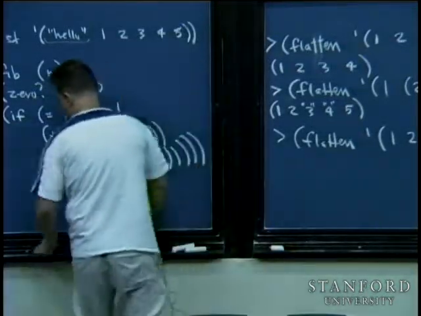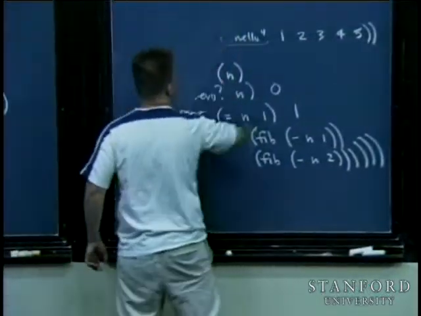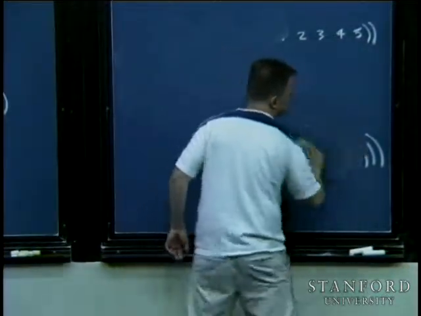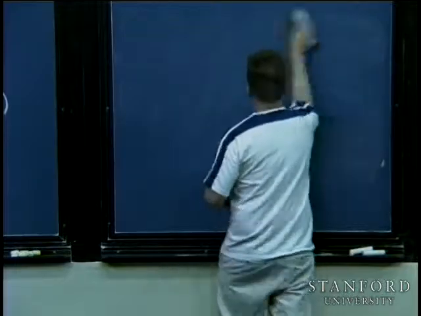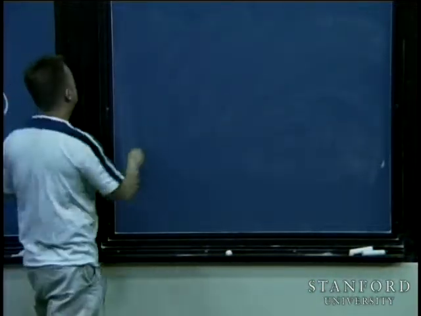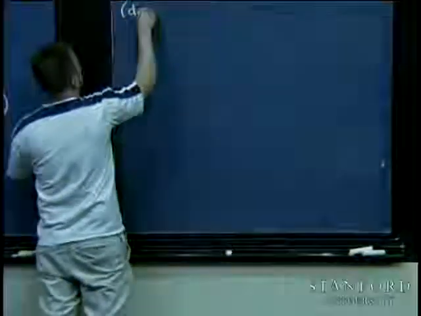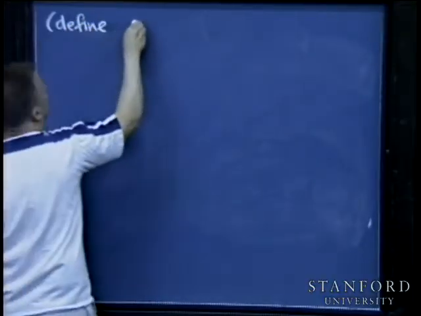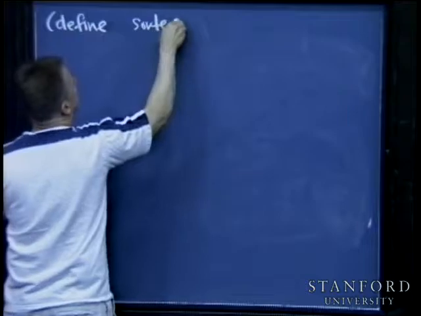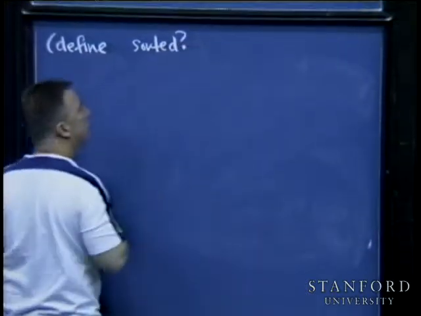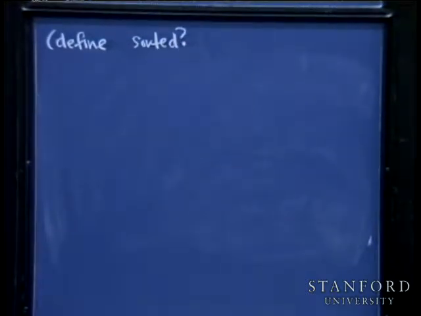So let me write this function. I want to write this function called sorted, with a question mark, just because I can do that, and I'll just be consistent with some way some of the built-ins use it.